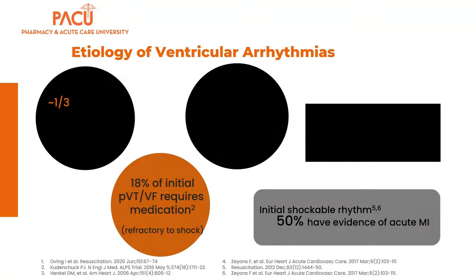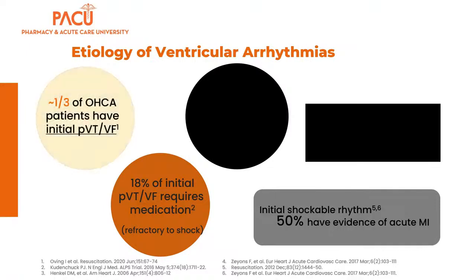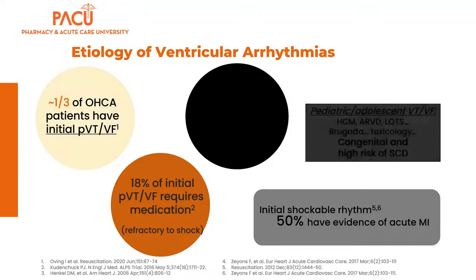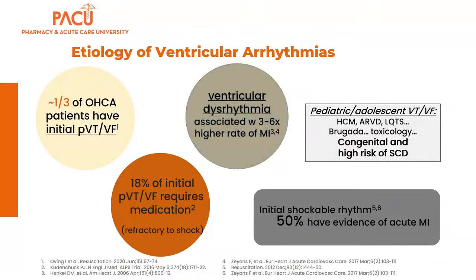To emphasize this last point, I'm going to dump some stats on you, which really drive the point home. About a third of cardiac arrest patients will initially present with ventricular dysrhythmia. Many ventricular rhythms, especially in pediatrics, are congenital in nature. Ventricular dysrhythmias are associated with an odds ratio of 3 to 6, sometimes more, for myocardial infarction as the root cause.